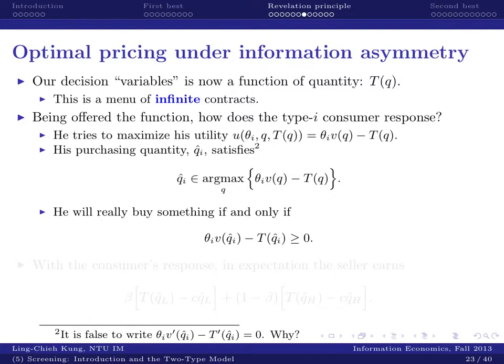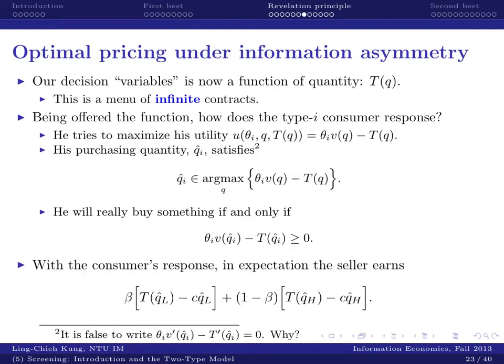It must somehow maximize his utility. Given a different T function, he is going to choose a different Qi hat. And my problem is to choose a T function that induces him to choose a particular quantity that can maximize my profit. Also I need to make sure that the consumer will really buy something, and I need to impose this participation constraint.